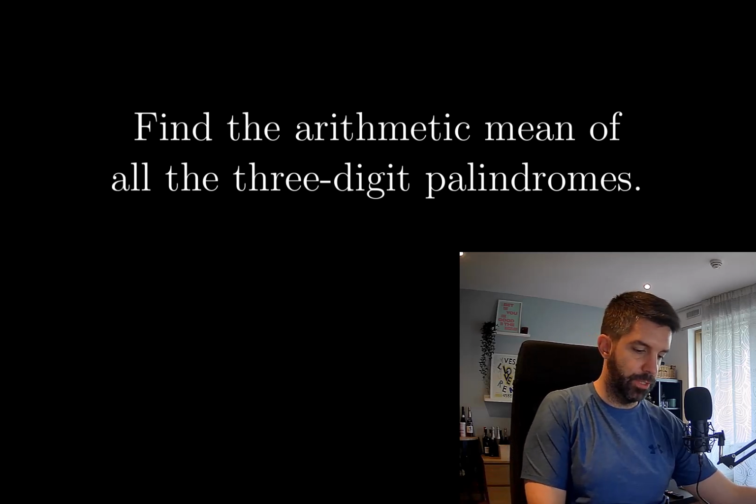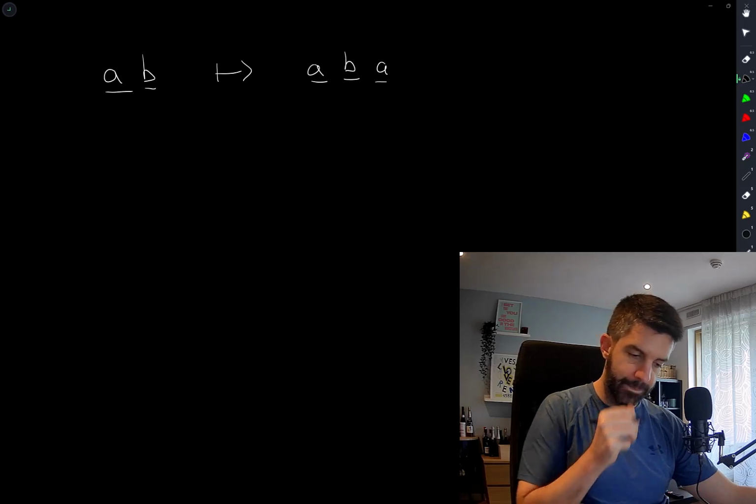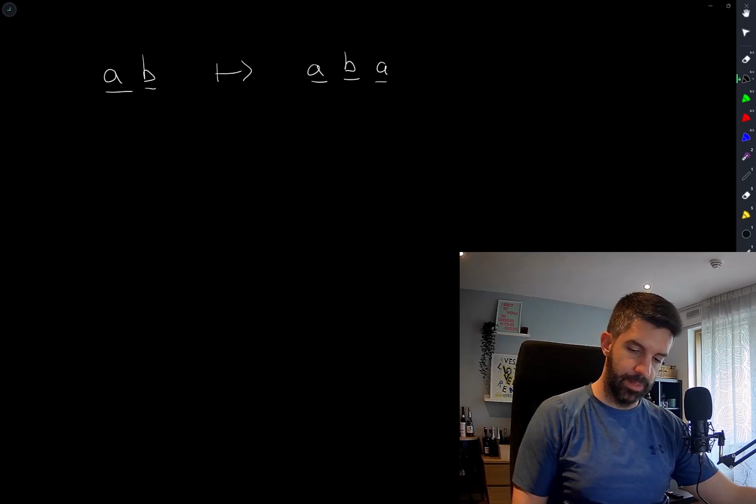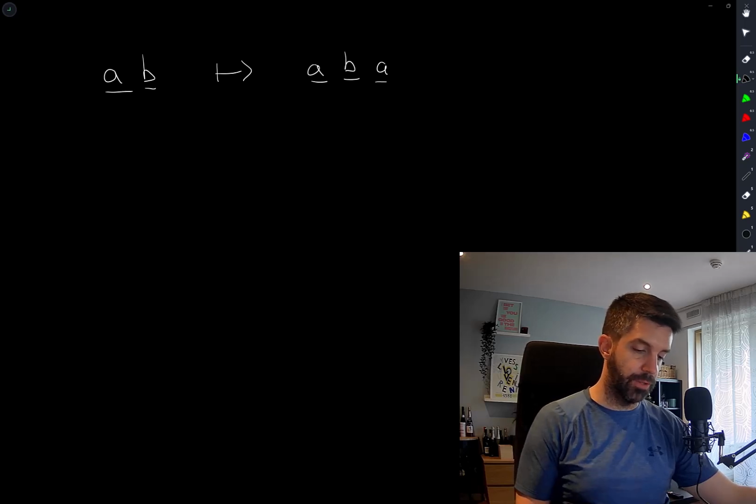If I have a 2-digit number AB, I map that to the palindrome ABA. And vice versa. I want to make sure I don't do something silly here, like double counting anything like that, right?